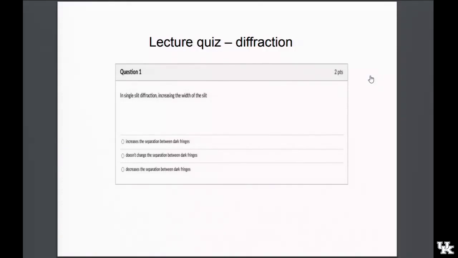But the other way to see it is in the equation. We wrote down the equation: A times Y divided by L is an integer number of wavelengths. If you make A bigger, you've got to make Y smaller. If you make A smaller, you're going to make Y bigger to get that integer number of wavelengths.